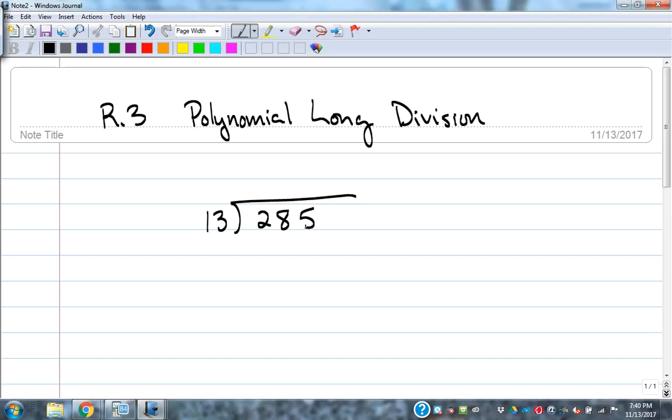With long division, so doing it without a calculator, and you've probably not done that in quite a while. So we look at that and we say, okay, how many times does 13 go into 2? Won't go at all, right? So we go to the next digit. How many times does 13 go into 28? Twice.